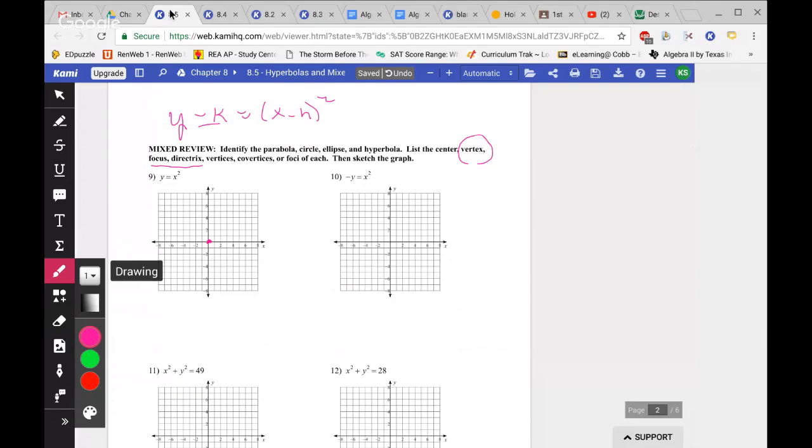This is almost in a vertex or transformational equation format. So that essentially is going to say that x squared equals 4py. Do y'all remember that?